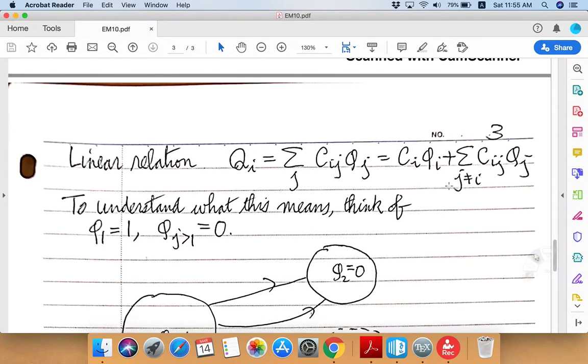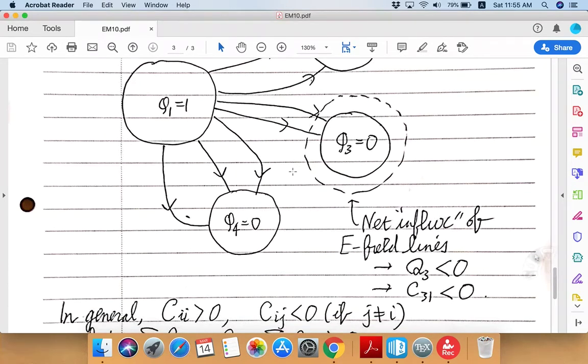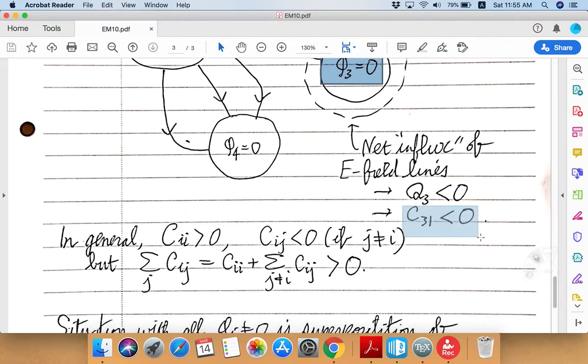Okay, so C31 will come in when Q3 is on the left-hand side and phi1 is on the right-hand side, and they're related by this number, which is C31. And the fact that phi1 is held at a positive potential, however, the charge induced on island number 3 is negative, implies that this capacitance value has to be negative.